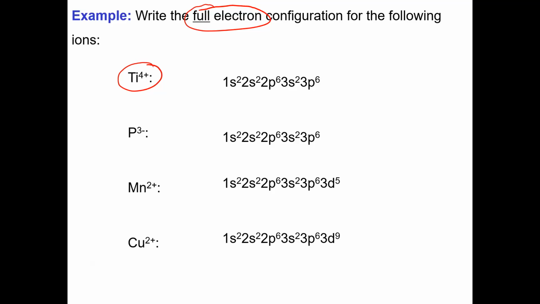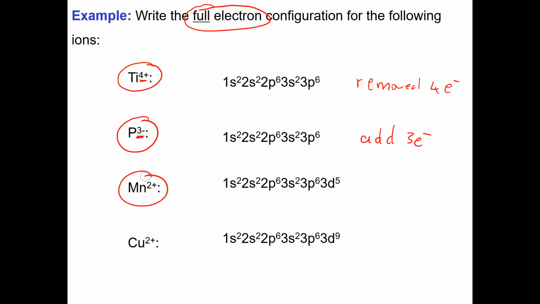For phosphorus 3-, I would write the full electron configuration for phosphorus, but then add 3 electrons.